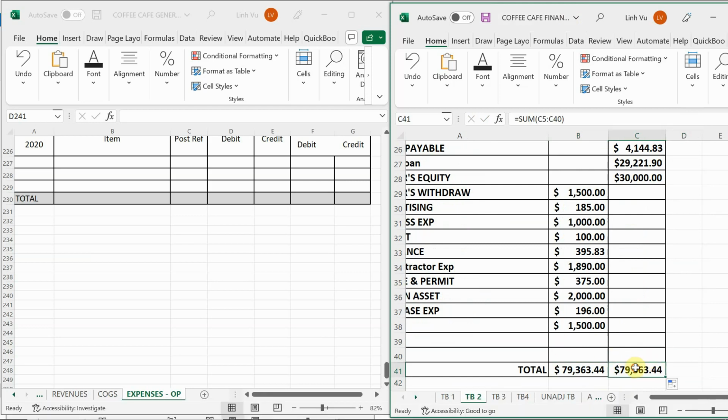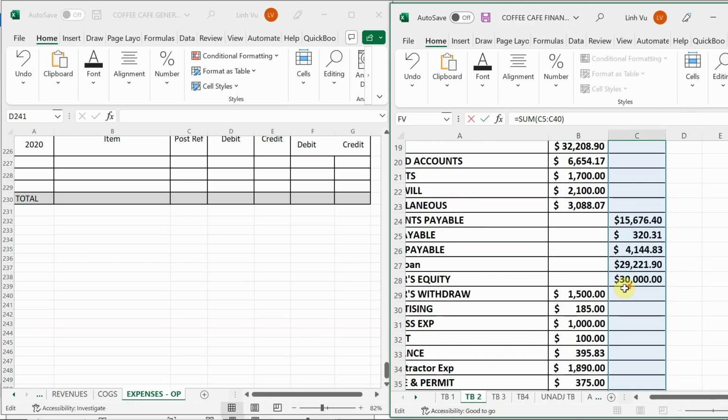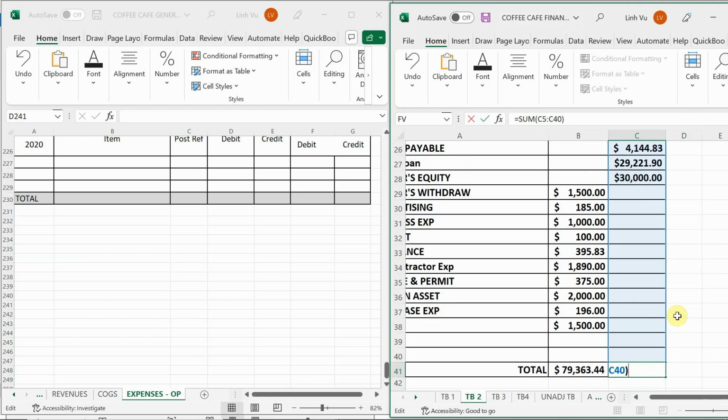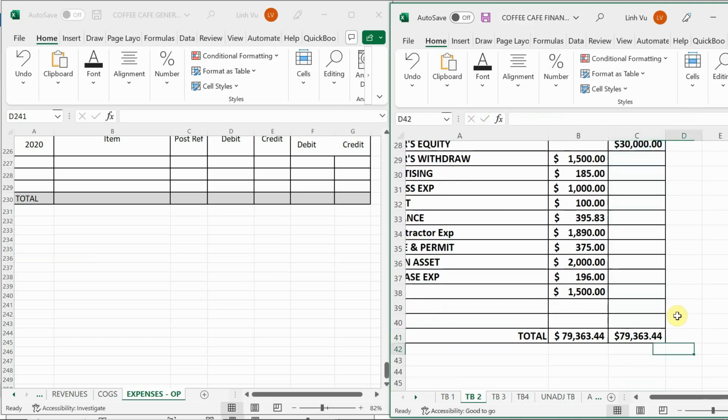So now this is going to also calculate this entire column right here for my credits, okay? And of course, I'm going to also run my formula here saying my debits minus my credits should equal 0. And guess what? I have a perfect match, no discrepancies whatsoever.